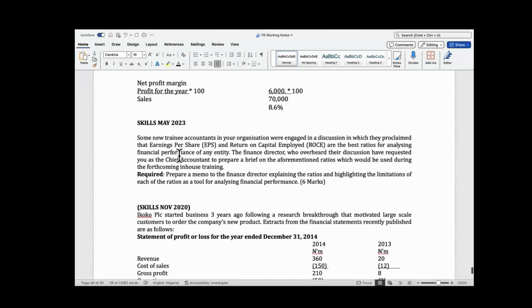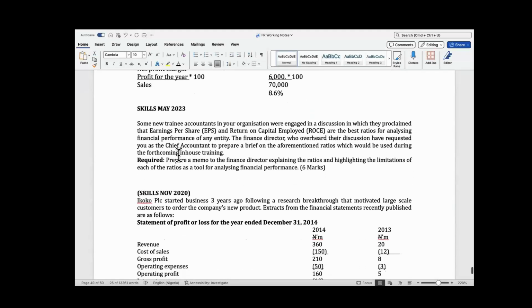So if you look at this May 2023, we have been asked to prepare a memo to the finance director explaining the ratios and highlighting the limitations of each ratio. So they want us to explain EPS and ROCE and also highlight their limitations.